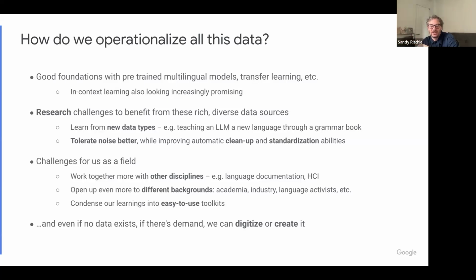There's this really interesting paper, I can't remember the author right now, called Machine Translation from One Book, where he taught an LLM a new language just by showing it a grammar book, a descriptive grammar written by a linguist. And then he tested it against himself. He also read the grammar book, and then tested whether he or the LLM was better at translating English sentences into the language. It's a really cool paper. I can link it afterwards.